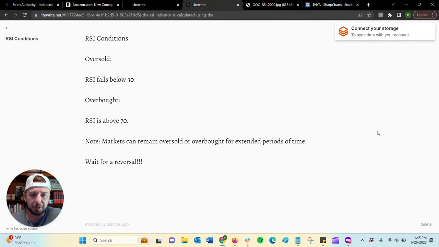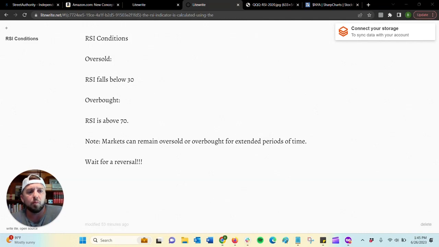So what traders will typically do is wait for a reversal in RSI. You can also tweak the conditions for this. Some might use 80 for overbought or 20 for oversold. That matters more if you're doing a scan and you want fewer results, more tradable, actionable intel.